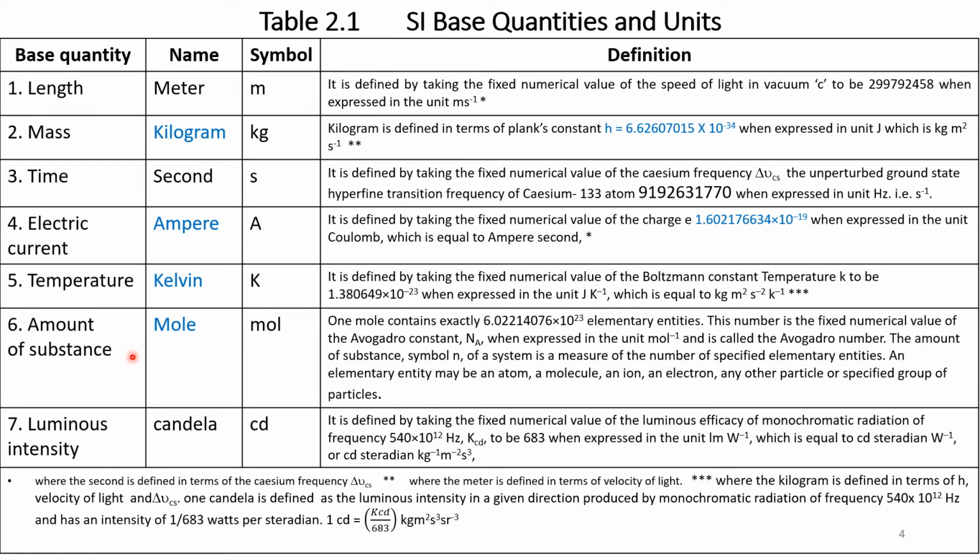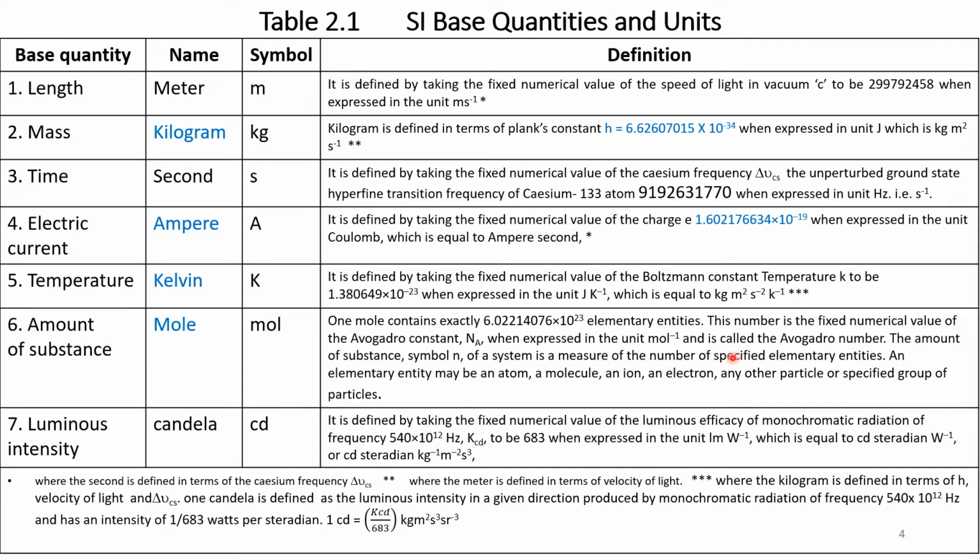Amount of substance, the mole. 1 mole contains exactly 6.02214076 × 10^23 elementary entities. This number is the fixed numerical value of the Avogadro constant N_A when expressed in the unit mole per mole, and is called the Avogadro number.